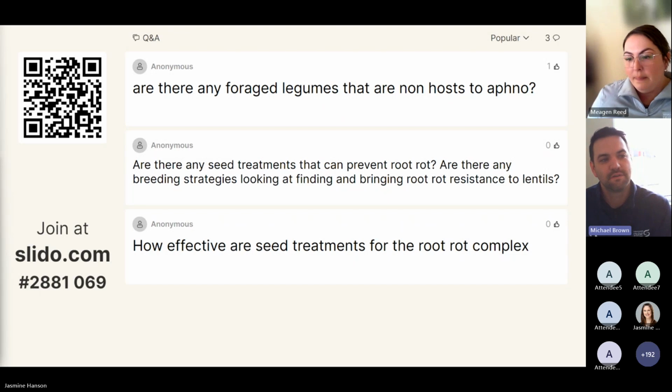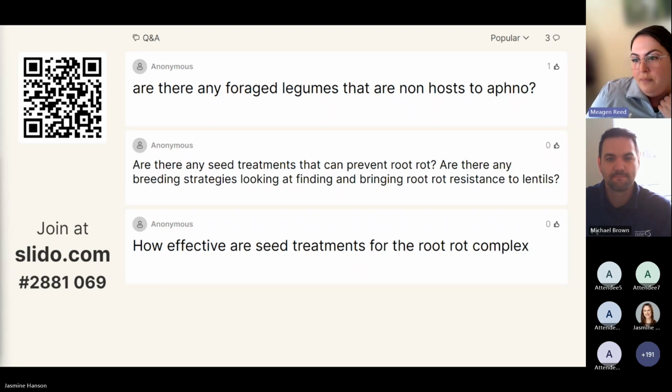Next question we have here, are there any forage legumes that are non-hosts to Aphanomyces? Yes. So let me just pull this up here. Alfalfa has a variable resistance, or variable susceptibility. So it is not totally resistant. It can still be susceptible.